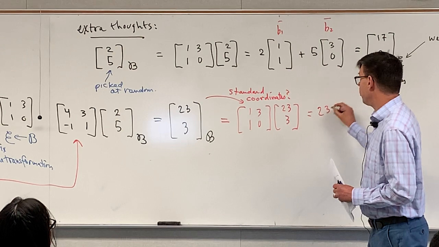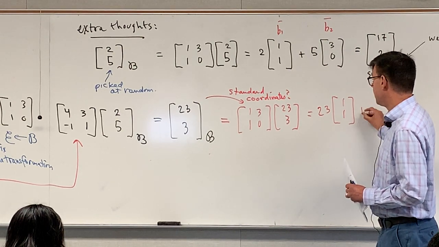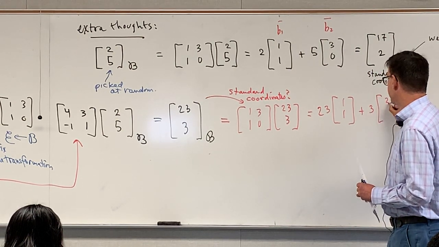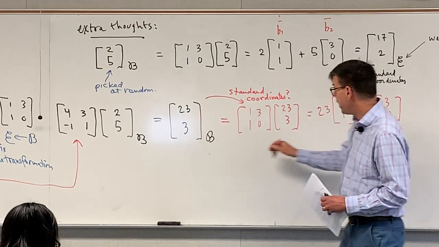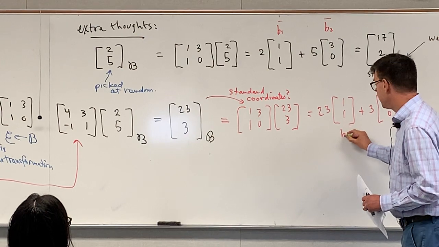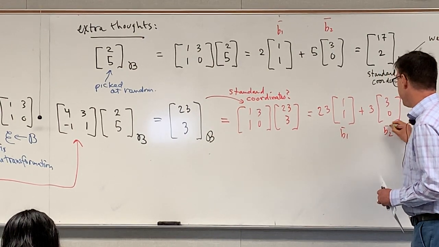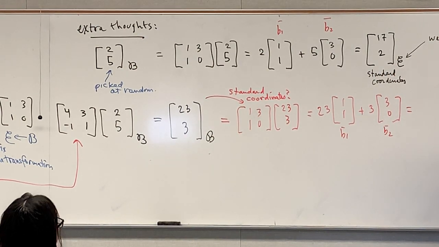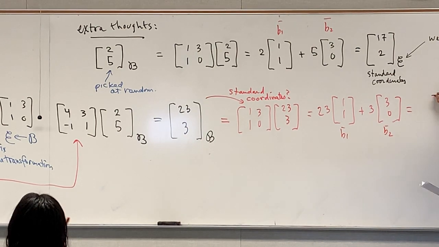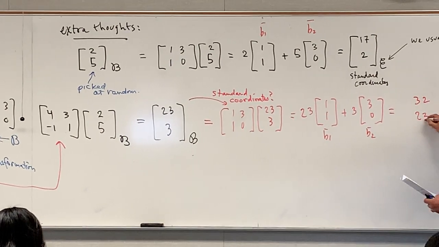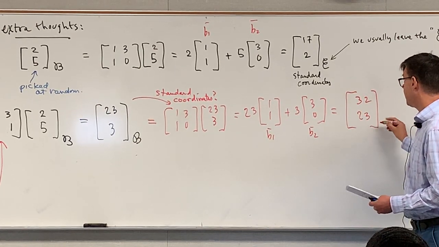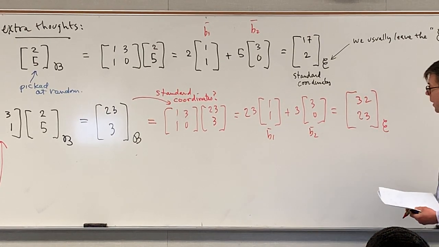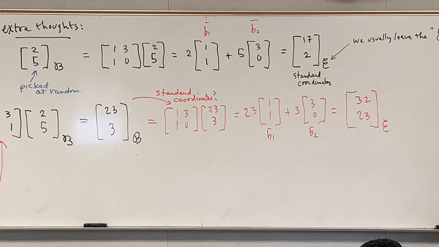Or take 23 times 1, 1 plus 3 times 3, 0. That's what it means for these to be B coordinates. These are the weights of the B1 and B2 basis vectors. And I get 32, 23. That's it. That's the standard coordinate way of thinking of that vector.